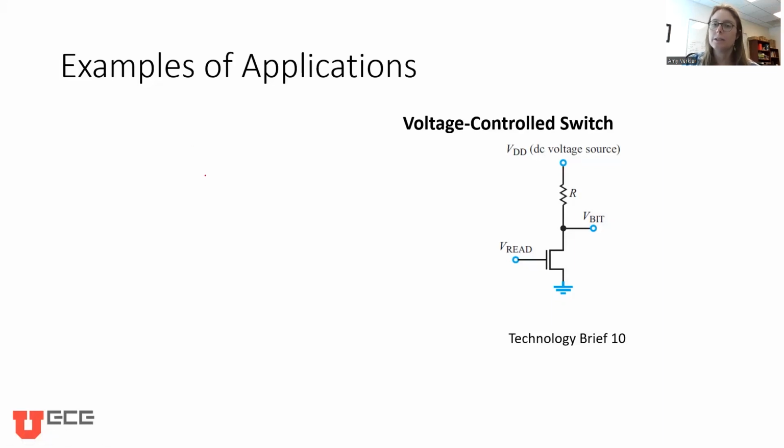Now we will look at an example of a voltage-controlled switch. This is from pictures from Technology Brief 10. So if this interests you, go read that technology brief. And this opens the whole world of digital design, digital circuits. So you would want to take ECE 3700 if this is of interest to you.